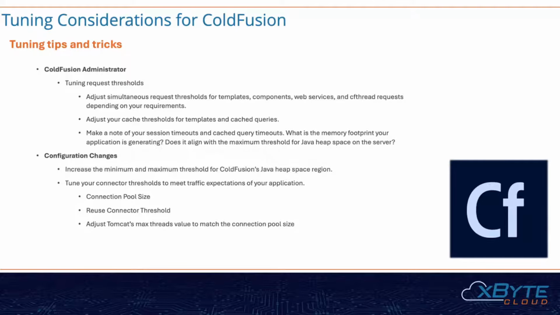You can adjust Tomcat's max threads value to match your connection pool size. So if you adjust the Tomcat connector to be 1,000, or have a pool that's up to 1,000, and your Tomcat max threads don't match that value, you'll run out of the limitation within Tomcat before the connector ever does. That could lead to issues as well.